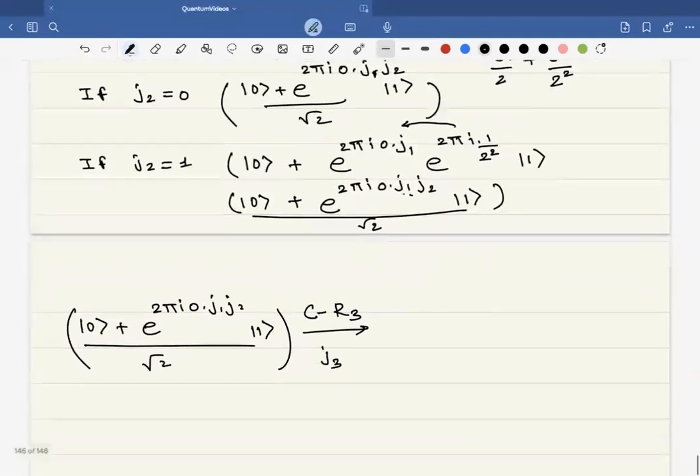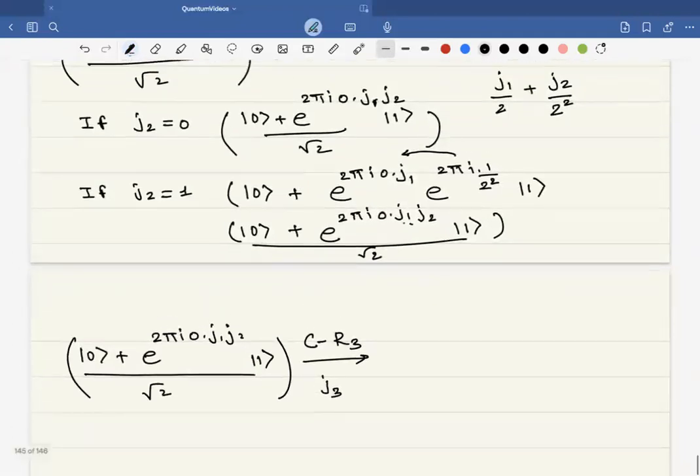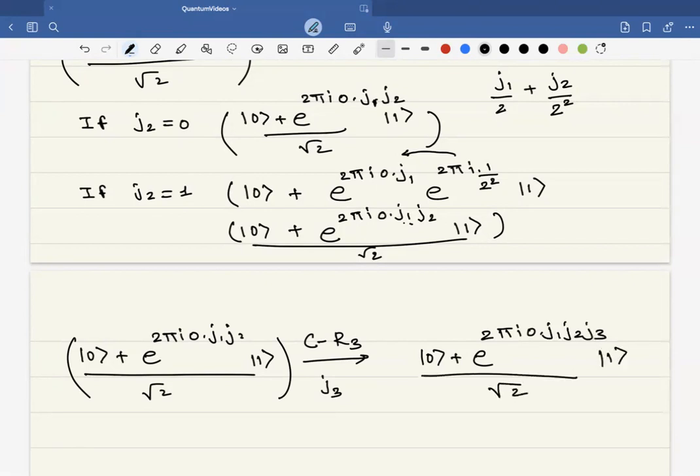So therefore, if J3 is 1, again, it will multiply by e to the 2 pi I into J3 over 2 cubed. So that will result in ket 0 plus e to the 2 pi I 0.j1 J2 J3 ket 1 over square root of 2.